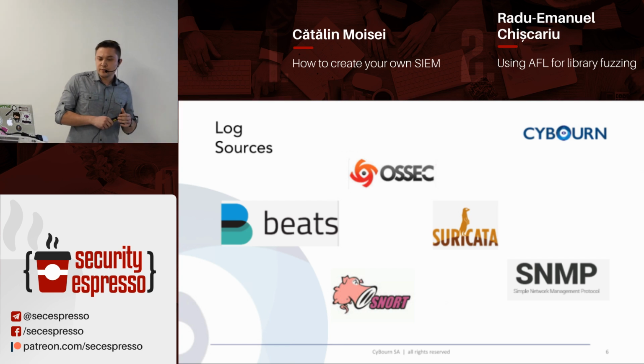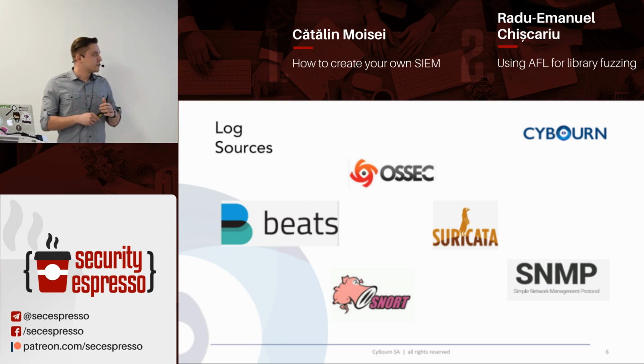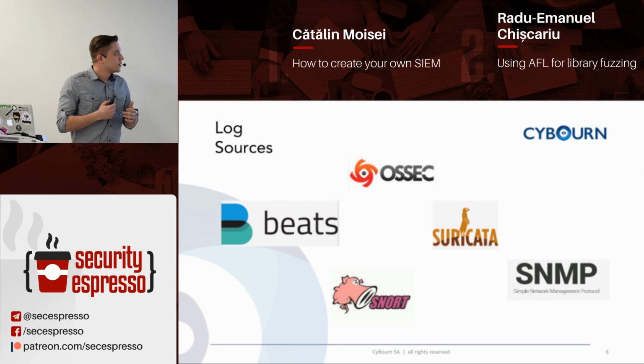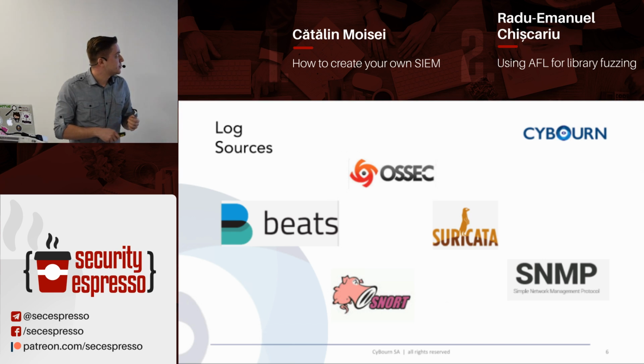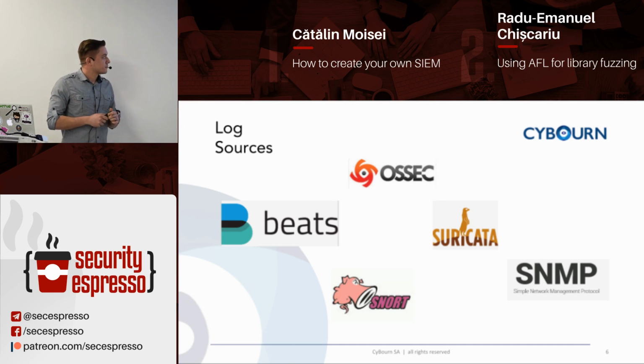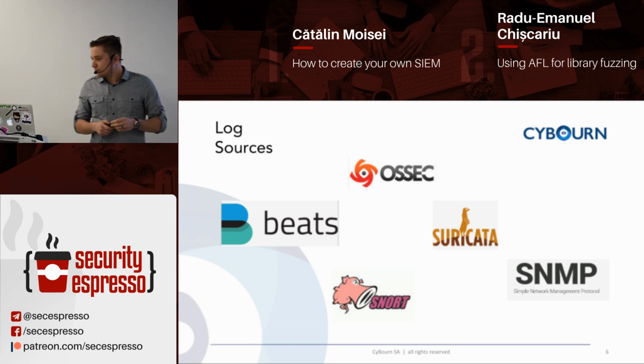There are also metricbeats, which monitor the machine metrics, like CPU usage, memory usage, and this can be useful in finding malware that is, for example, in memory, finding anomalies in the metrics.